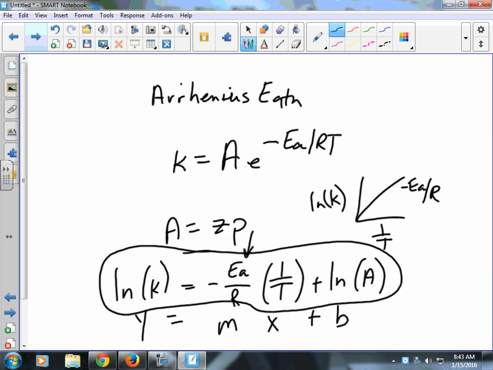Sample exercise 7. Okay, it says we have a reaction of 2 N2O5 forming 4 NO2 plus O2. It was studied at several temperatures and rate constants were obtained.